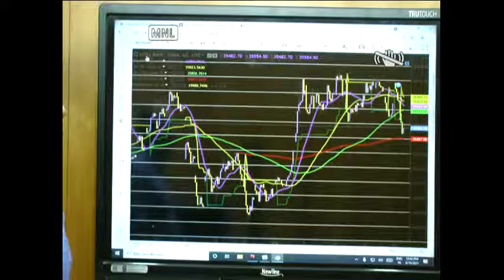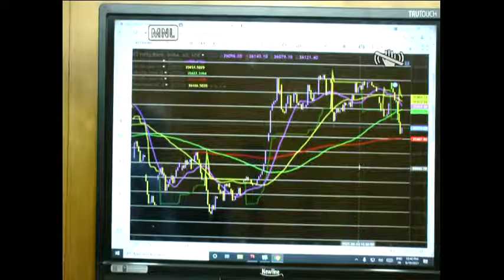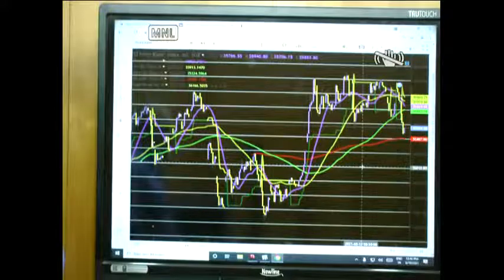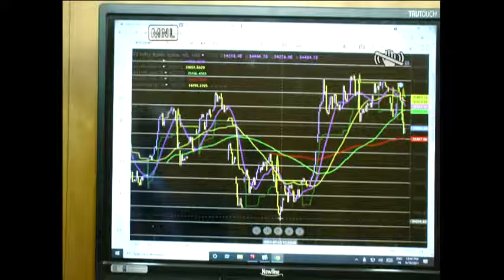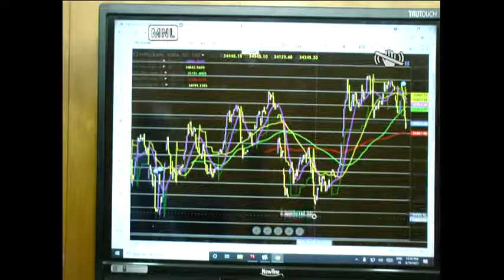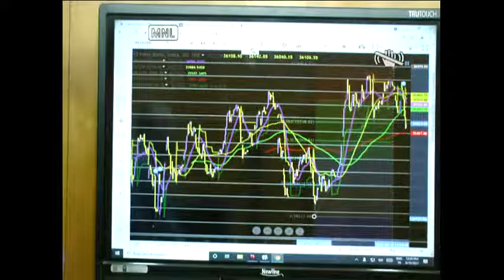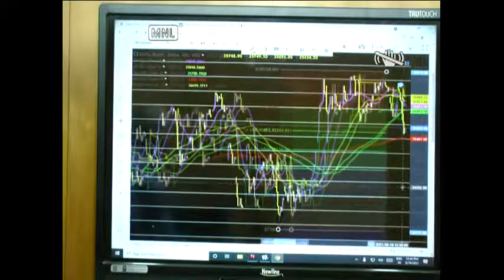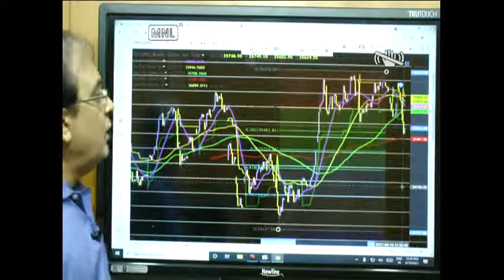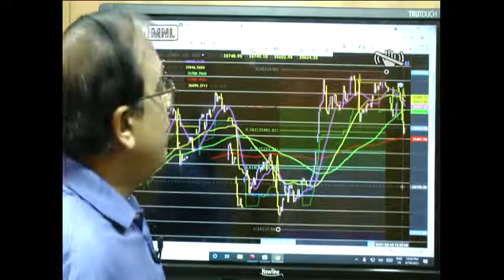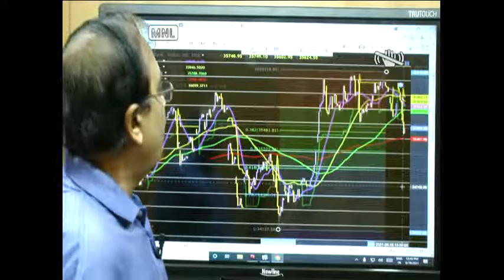Now if you look at Bank Nifty, in order to avoid this, let us look at what probably you could have done. Let us look at the Fibonacci ratios, and if you put it from here, this one is the 23.6%, 35,801, then 38.2% comes to 35,481.